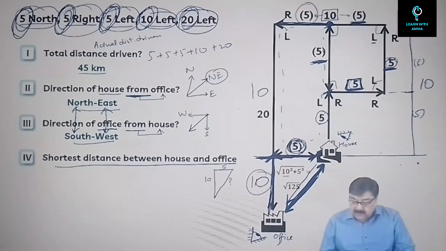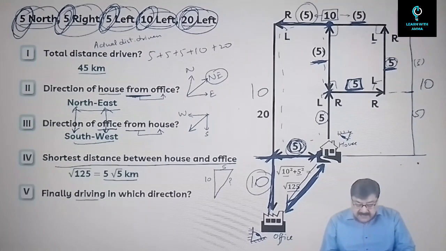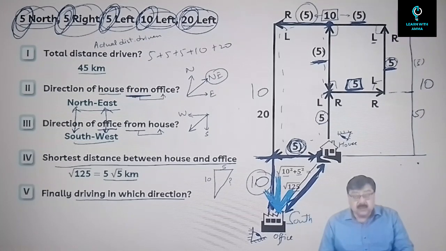So, the square root of 10 squared plus 5 squared gives us root 125, which can also be given to you in the choices as 5 root 5 kilometers. Now, finally, he is driving in which direction? We know he is moving towards his office, so that is nothing but the south direction.